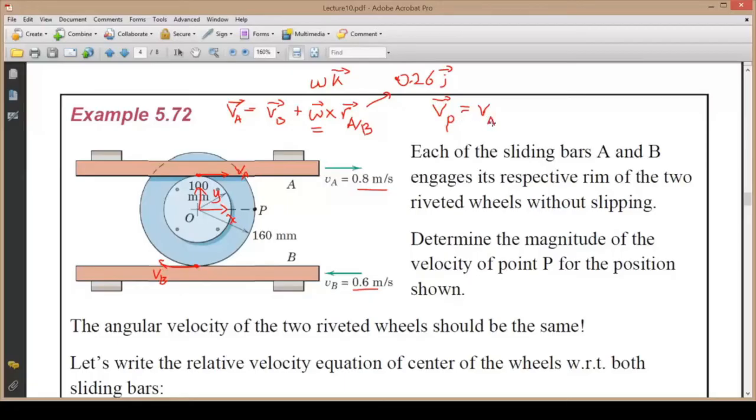I could have written it for VB as well. So I can say VP is equal to VA plus omega, the angular velocity of this wheel, cross product the distance vector from A to P, or P relative to A.